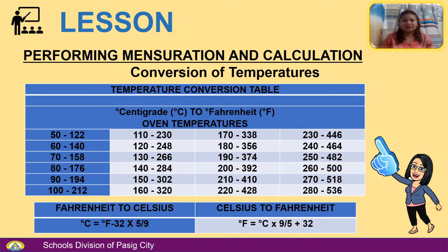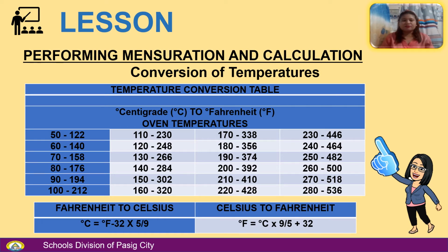We have 50 degrees centigrade equals 122 degrees Fahrenheit. 60 degrees centigrade is equal to blank degrees Fahrenheit. 70 degrees centigrade is equal to 158 degrees Fahrenheit. 80 degrees centigrade is equal to 176 degrees Fahrenheit. 90 degrees centigrade is equal to 194 degrees Fahrenheit. And 100 degrees centigrade is equal to 212 degrees Fahrenheit, and so on.